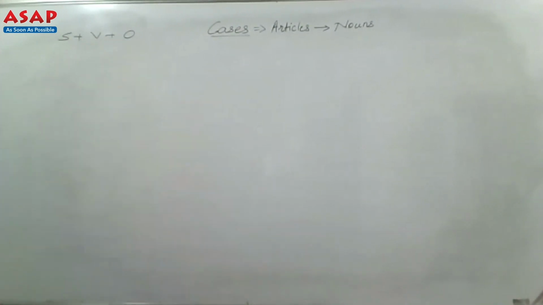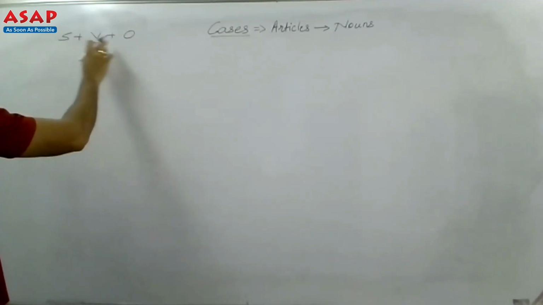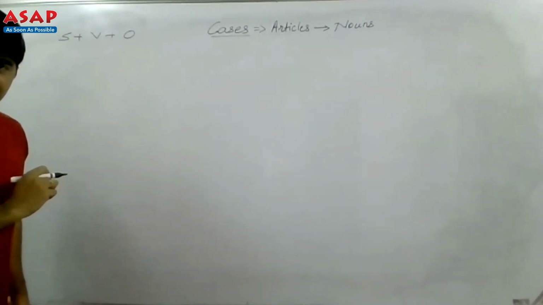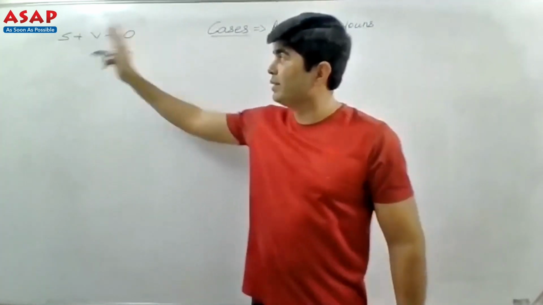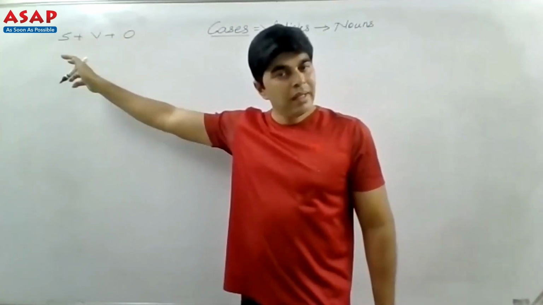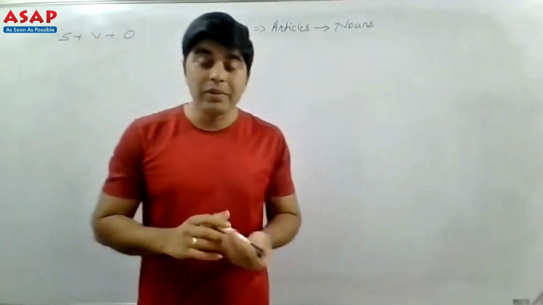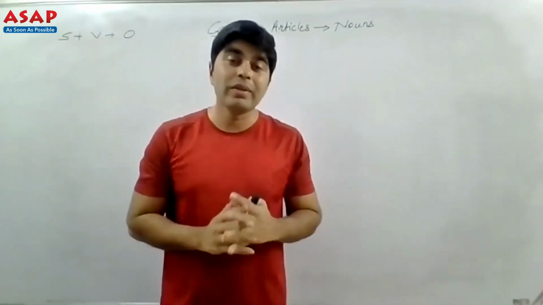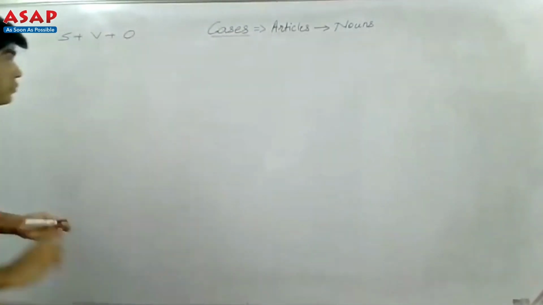Subject, verb, object. Where can you use nouns? Subject and object, both, right? That means cases are related to which part of the sentence? Subject and object. Got it now? So most of the time we focus on verb position, but now we are going to focus on subject and object.